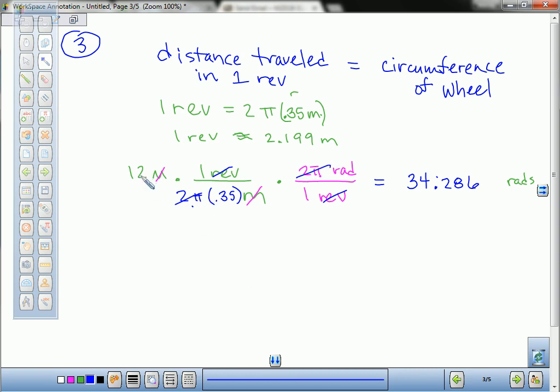So see what you get if you do 12 divided by 0.35. I got like 7. Check your parentheses. You have to have big old parentheses here and big old parentheses there. This times this times this divided by this times this.